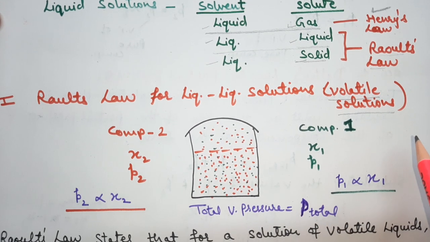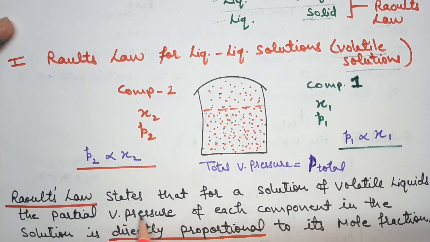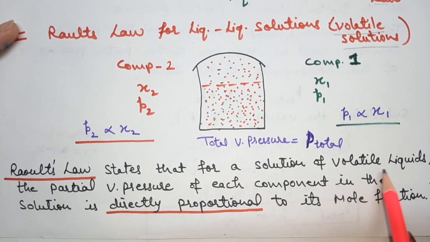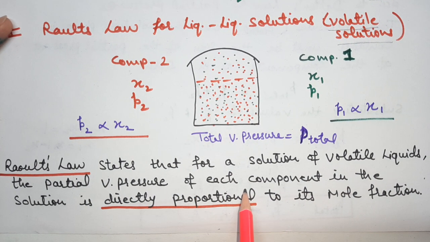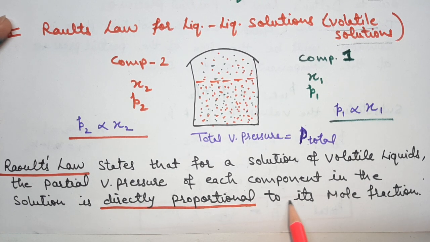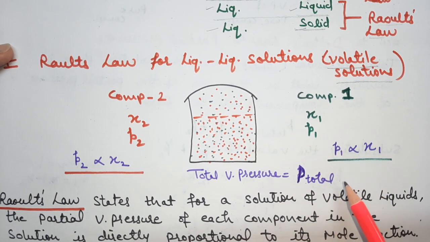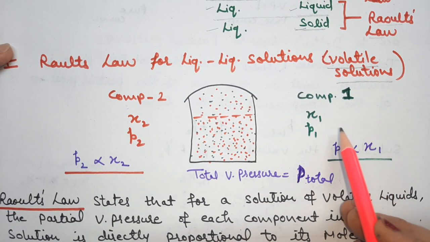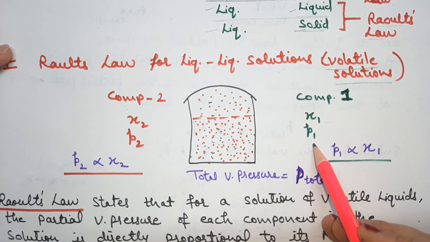So now according to Raoult's law, for a solution of volatile liquids, the partial vapor pressure of each component in the solution is directly proportional to its mole fraction. So it gives us the relationship between the mole fraction of any component and its partial pressure.